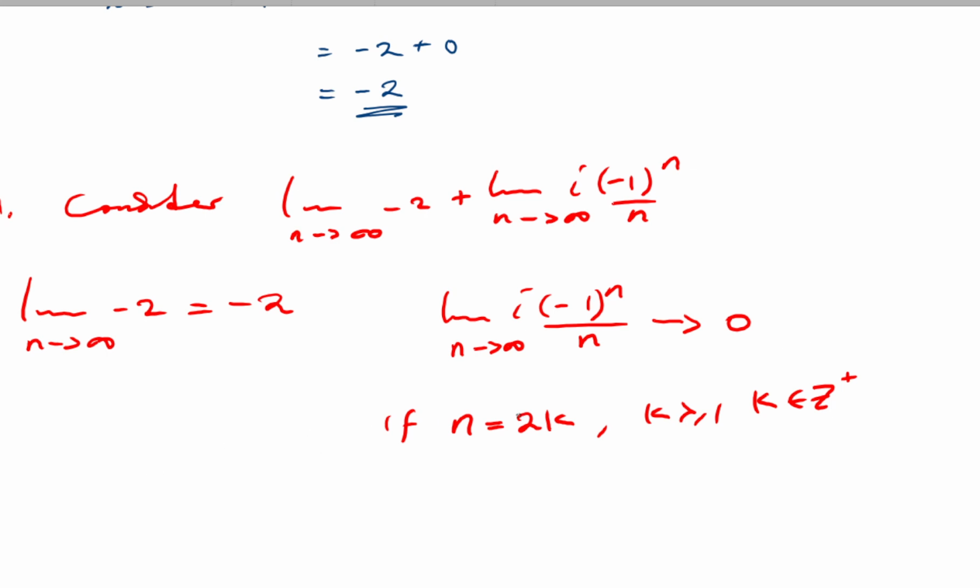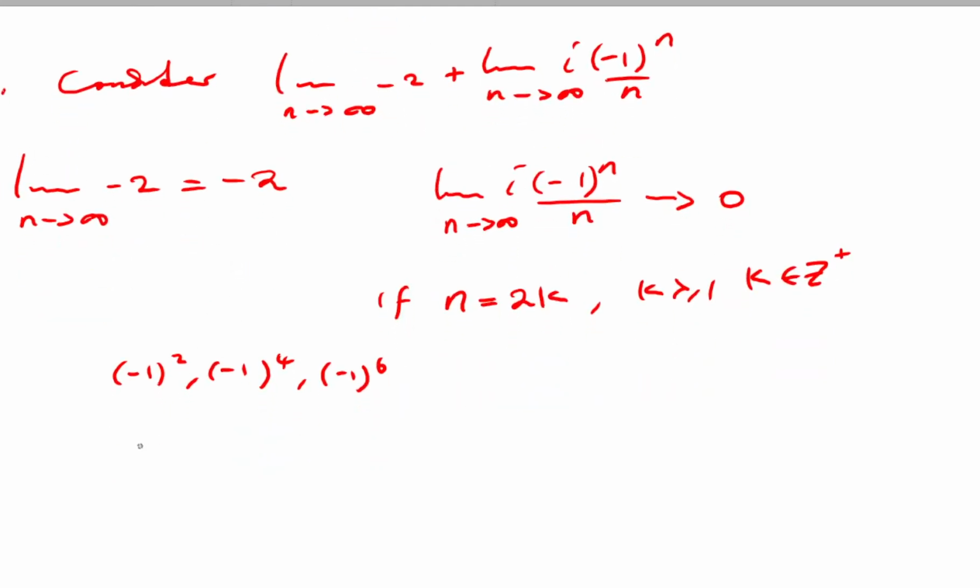What do we mean? So look at this. If n is an integer, so we're looking at -1 to the power 2. This -1 to the power 2 will be +1. Negative 1 to the power 4 will be positive 1. Negative 1 to the power 6. So if n is even, this will approach 0, which is what we want.